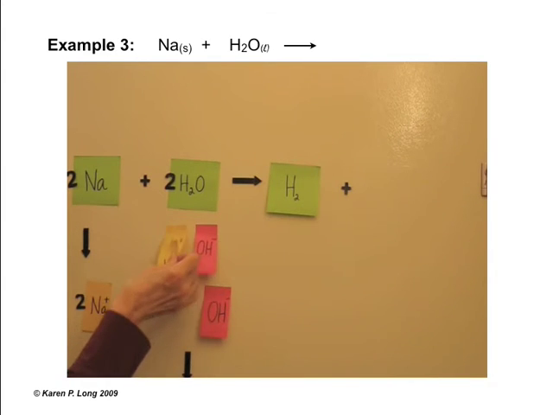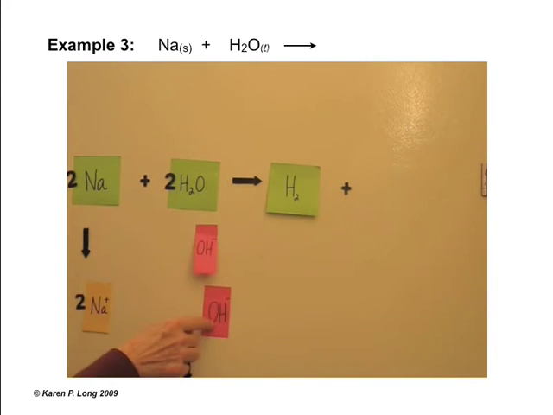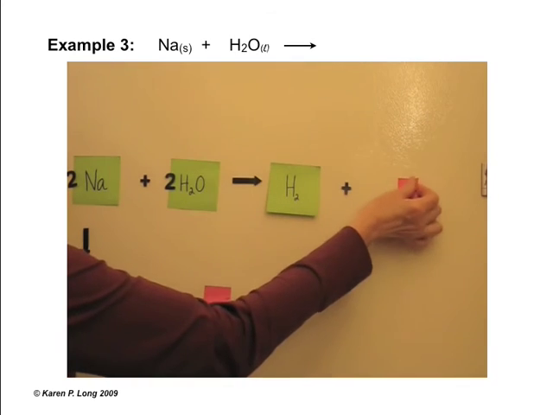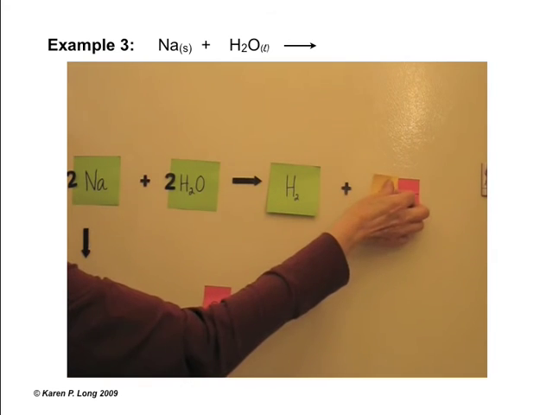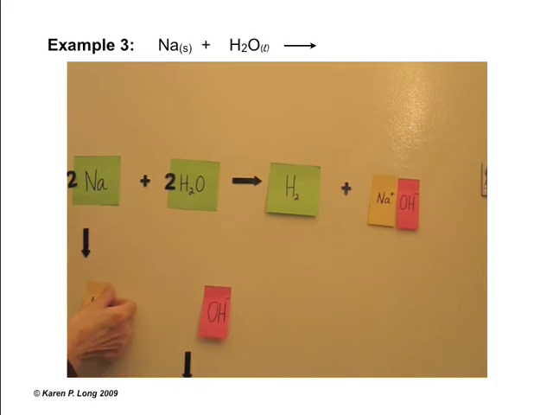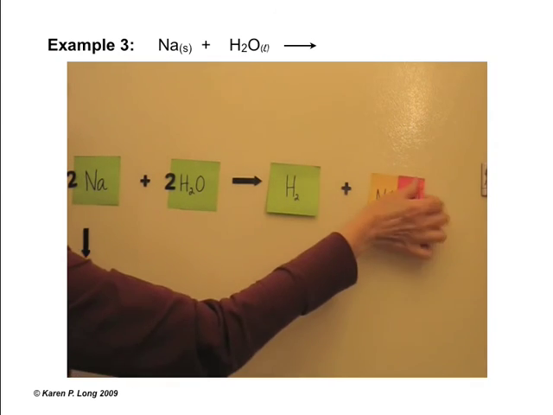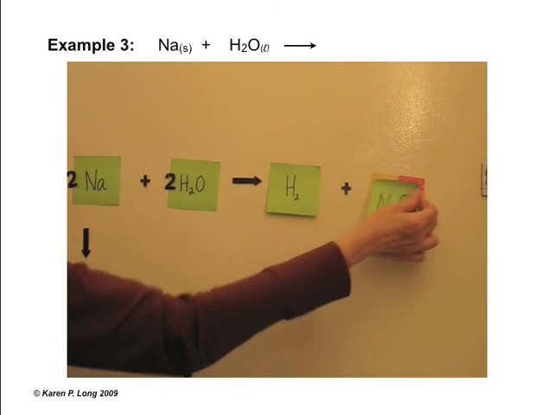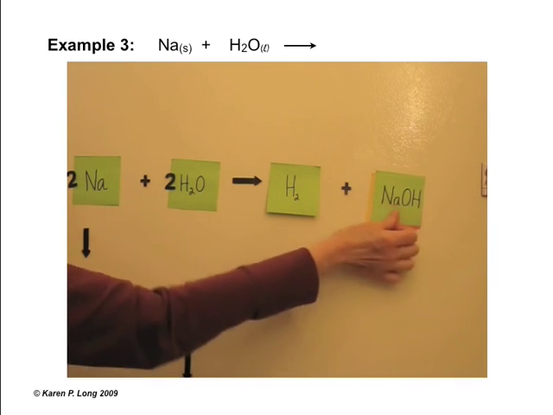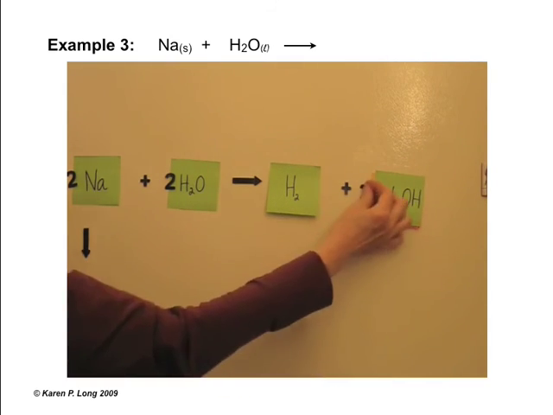These two became that. Now we have OH minuses left. 2 in front of the Na plus here means that we have 2 Na pluses. You see what we now have is sodium hydroxide as our product. 2 molecules of sodium hydroxide, or overall what we see is the sodium hydroxide with a 2 in front.